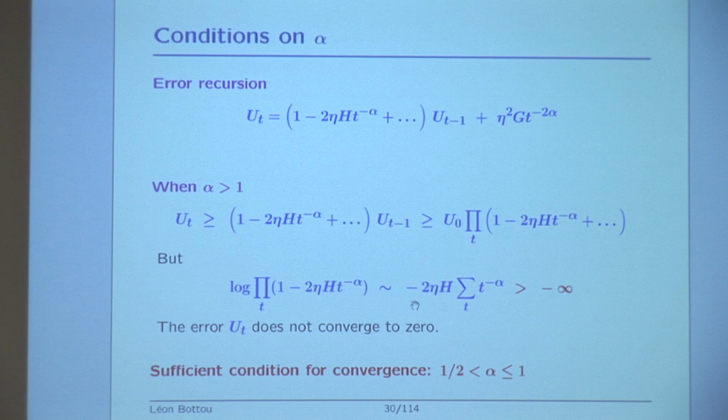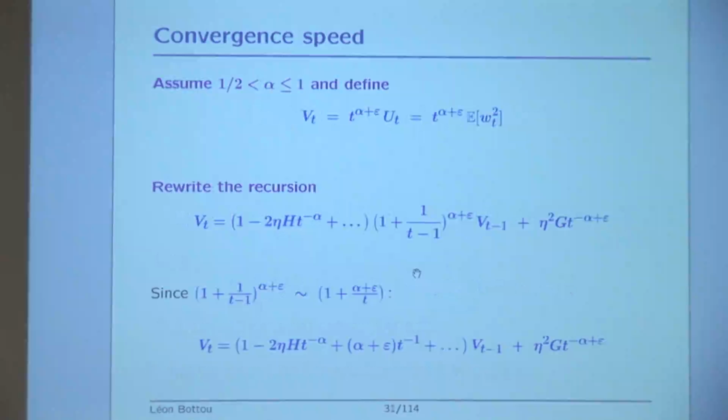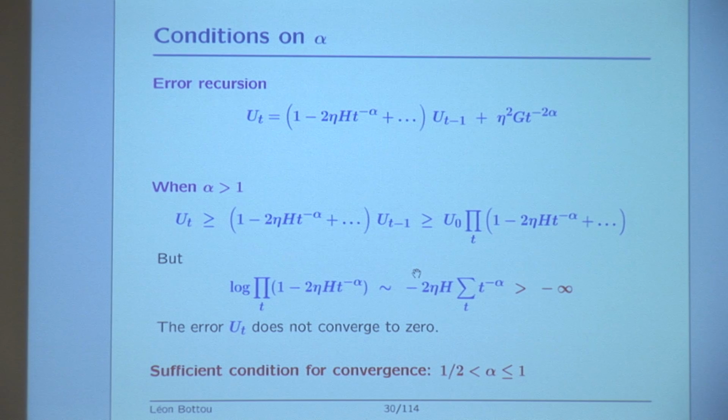That means that the error u_t doesn't converge to 0. So basically, I narrowed my convergence regime to alpha between 1/2 and 1. If it's between 1/2 and 1, this might converge. Outside, I'm in trouble. Actually, this converges if alpha is less than 1, because this goes to minus infinity, and then we're fine.